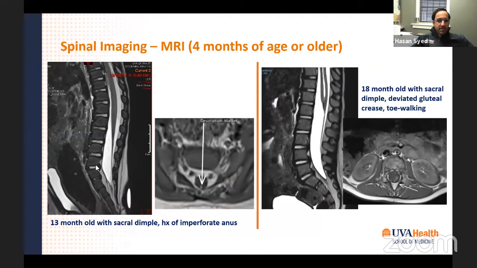These are 2 patients that I operated on: a 13-month-old with a sacral dimple and a history of imperforate anus who had a low-lying conus as well as a fatty filum. Another example is an 18-month-old with a sacral dimple and a deviated gluteal crease with toe walking, as well as a syrinx. Again, this was sectioned because of the syrinx, in order to prevent future neurological issues.